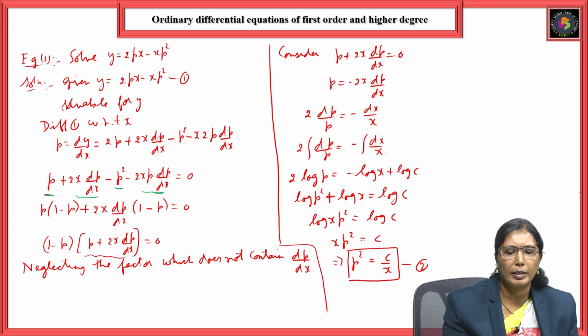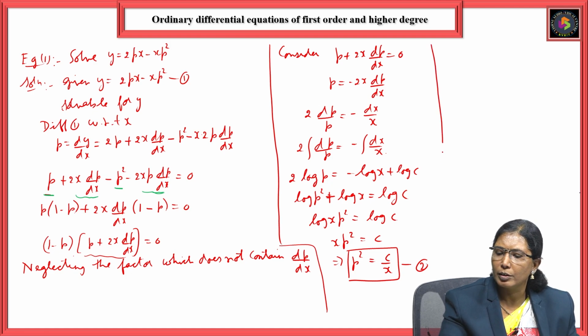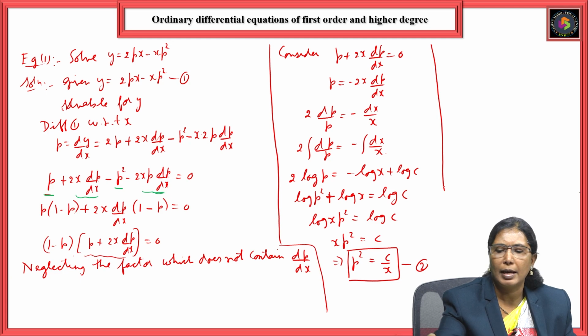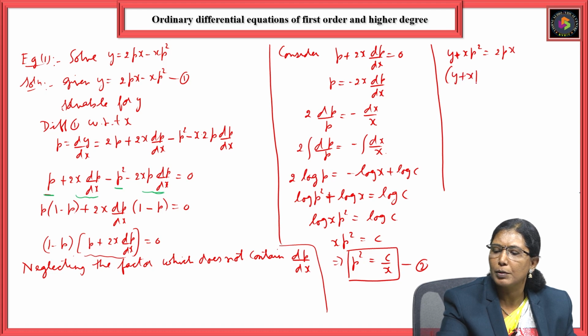So equation 1 can be written as y minus xp square is equal to 2px. You can take this as y plus xp square is equal to 2px. Squaring on both sides: y plus xp square whole square is equal to 4x square p square.